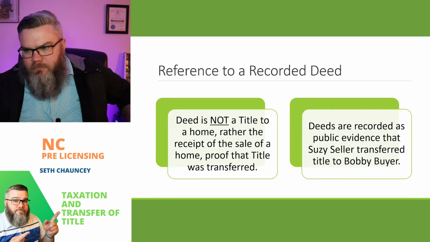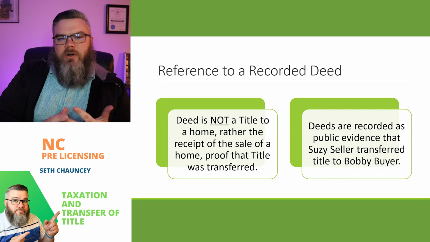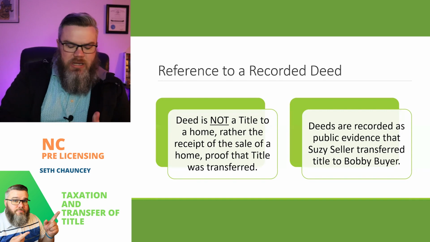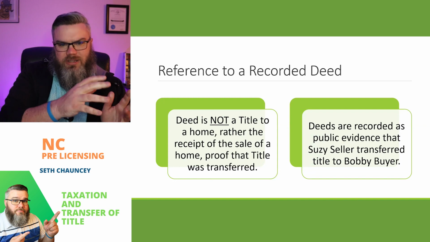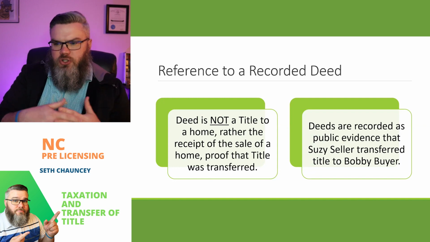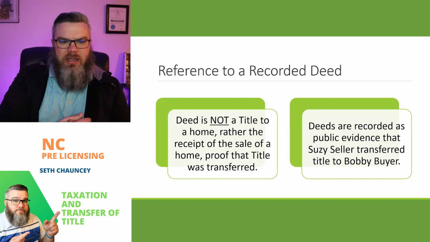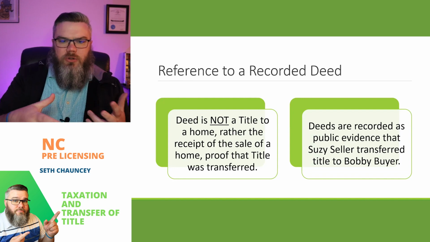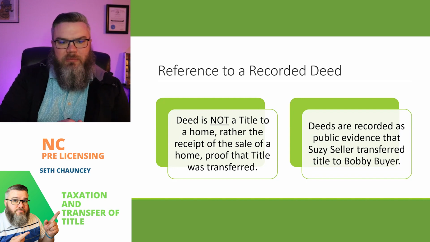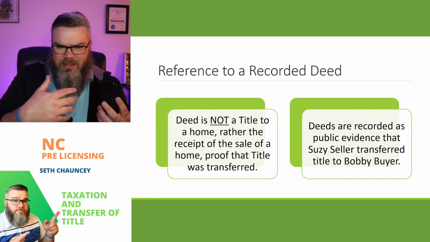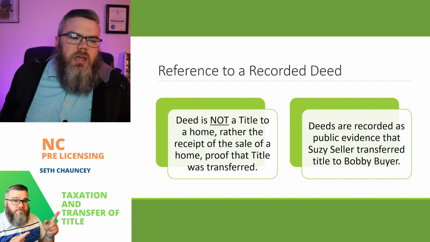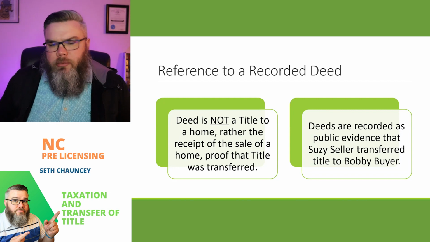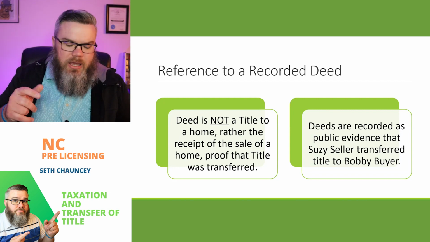So when we're talking about the deed, I've already told you this, okay? The deed is just this document that shows where this concept of title was transferred. It is not the ownership itself. Title is a concept. A deed is a document showing this transfer of title, that there was a sale or an exchange or a transfer in some way, shape, or form. And so we're about to get into deeds a little bit more, so I'm just going to leave it at that for a second.